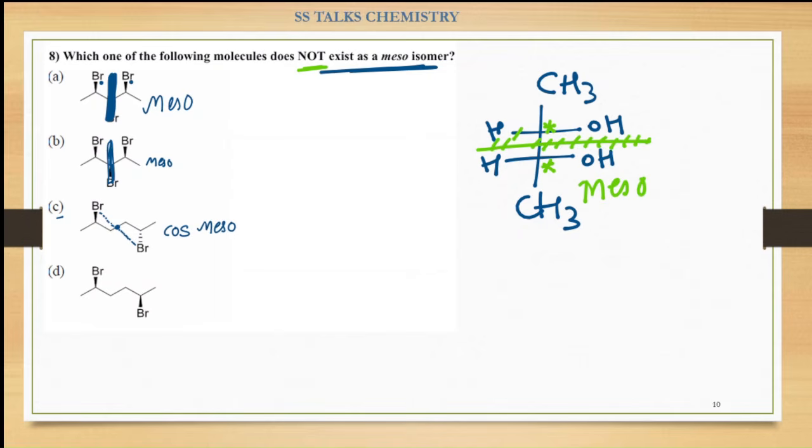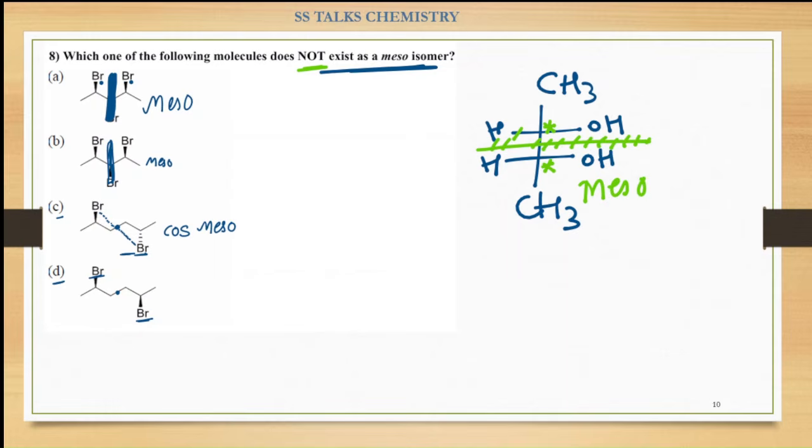Whereas in the D molecule, there is no center of symmetry present, because if I sit at the center of this molecule, this bromine atom is in the wedge position, which means it is on the front side, and the other bromine is also on the front side. A center of symmetry is possible in the C molecule when one bromine is at the wedge position and the other is at the dash.